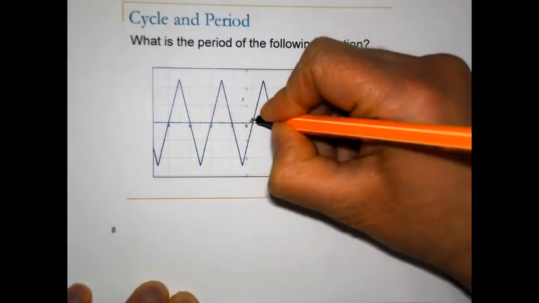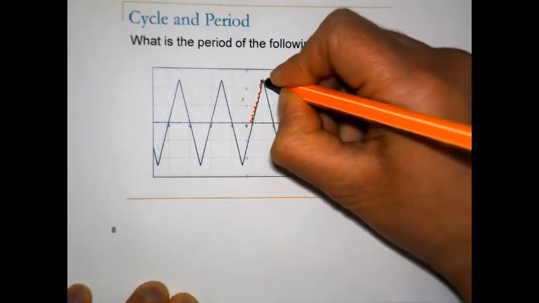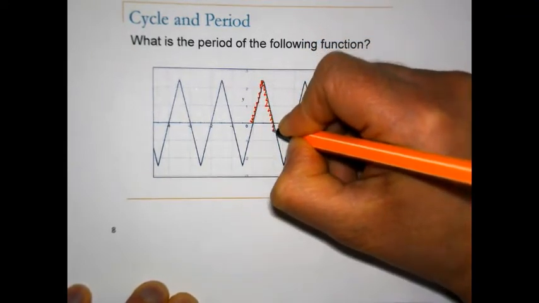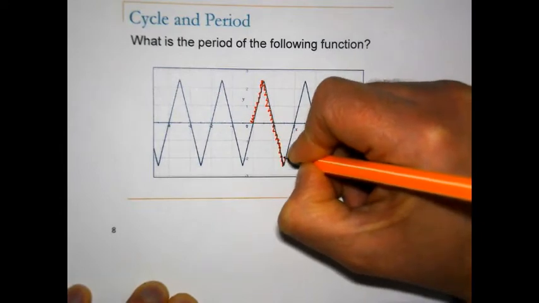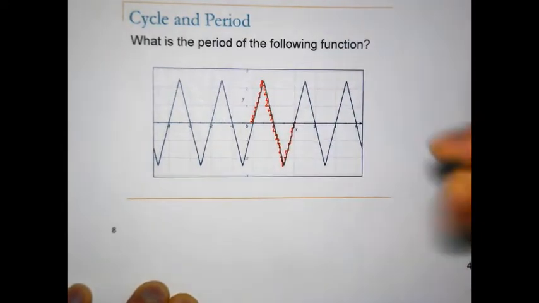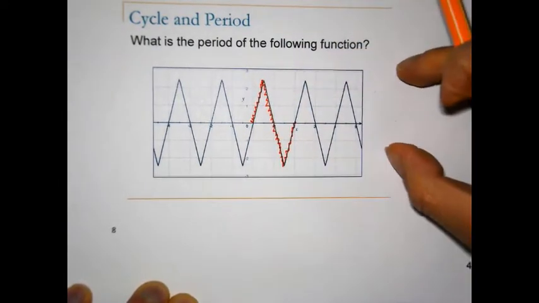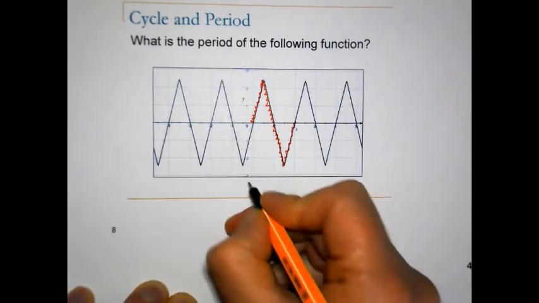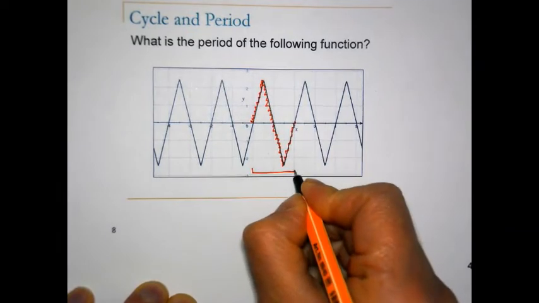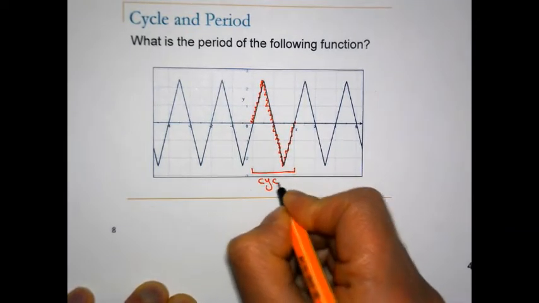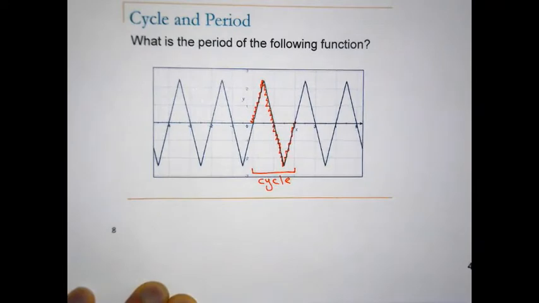The smallest repeating unit is going to be this. If you think about it, that's the smallest that you can copy and paste, and you create the same periodic shape.